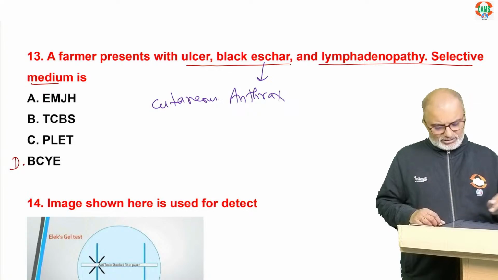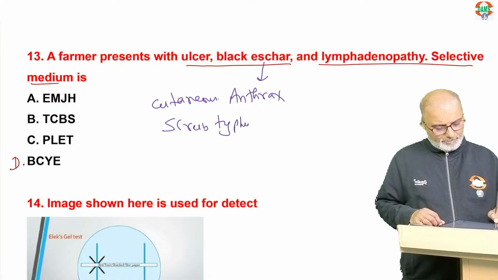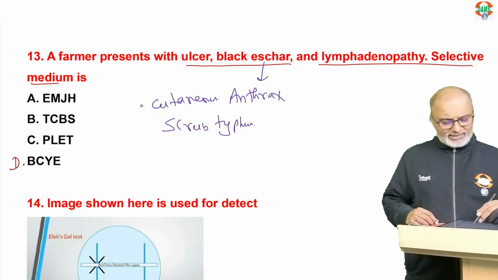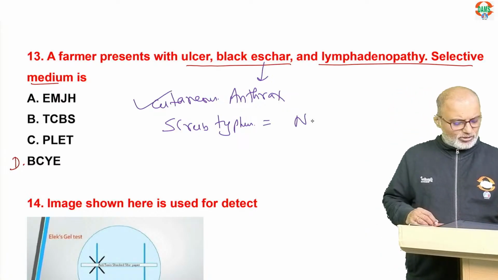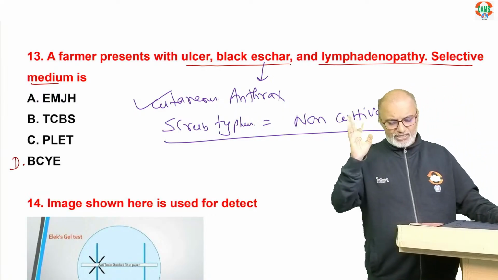Second option is Streptococcus. But easily I can say it is anthrax because Streptococcus is non-cultivable. So anthrax. What is the selective medium for anthrax?